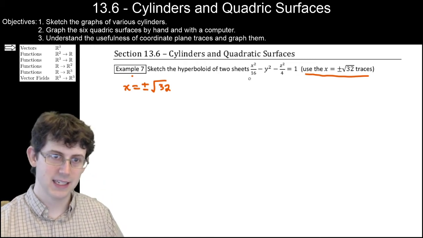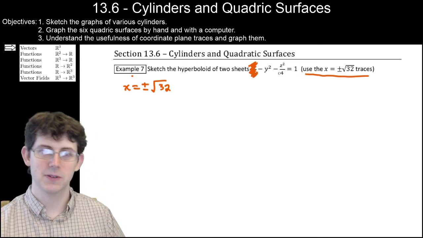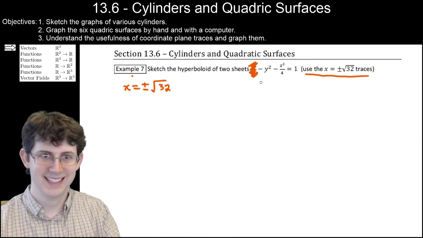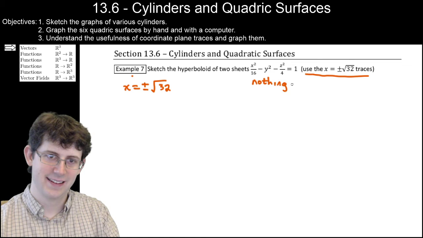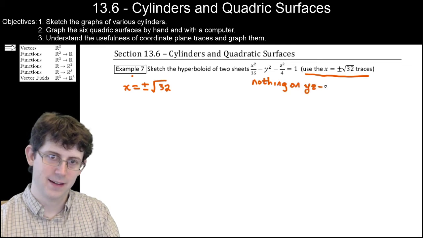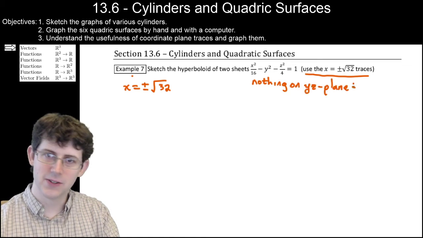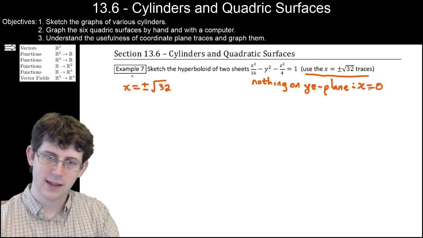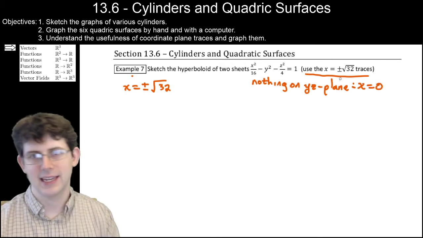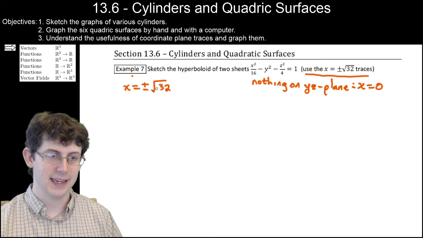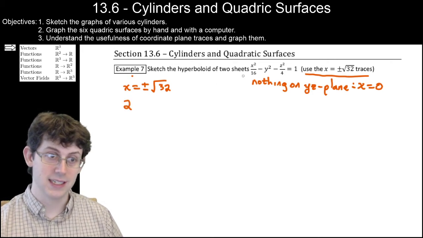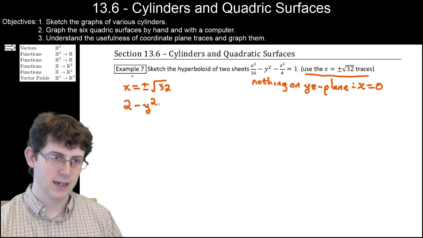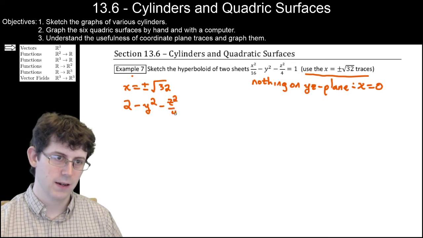And that makes sense because if we tried the yz plane, we would just get nothing. If you plug in x equals 0, you get no solutions. So instead, try this. We try x is plus or minus the square root of 32. When you plug that in, you get 32/16 minus y squared minus z squared over 4 equals 1.